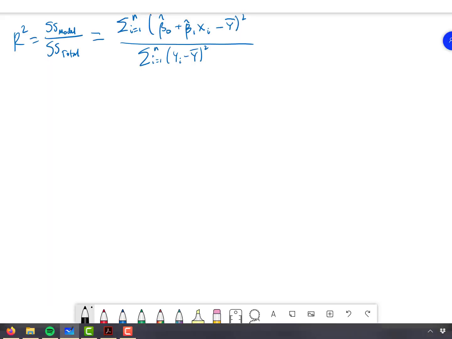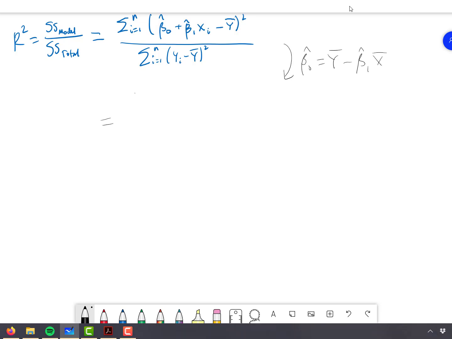Okay, now that we've switched over to the whiteboard, we can work on showing that r squared in the case of simple linear regression is equivalent to the square of our Pearson linear correlation. The first thing that would be helpful is to replace beta naught hat with our simple summary equation, y bar minus beta hat 1 times x bar.